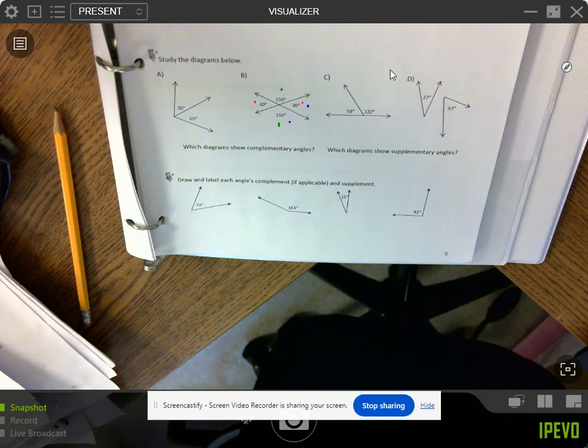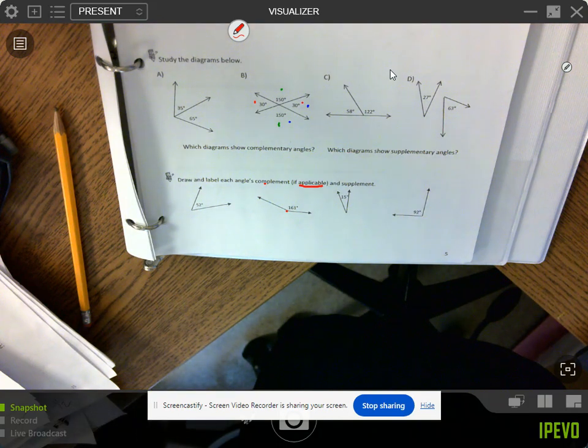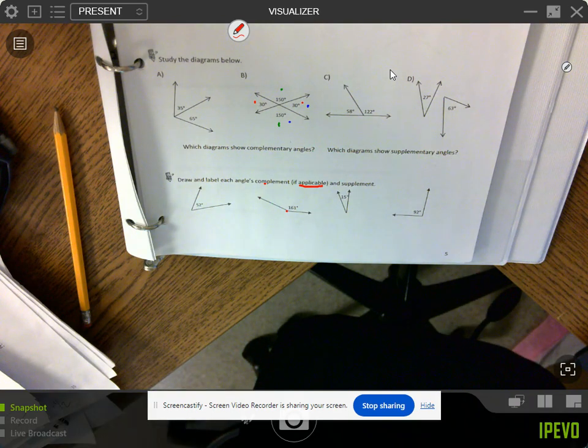So if I look at this, it must be applicable to make it a complement. If I have 161 degrees, can I add an angle to that to make a complement? No, because it's already bigger than 90 degrees. So I can only draw its supplemental angle. But for this one, that's 52 degrees, can I add an angle to that to make 90 degrees?